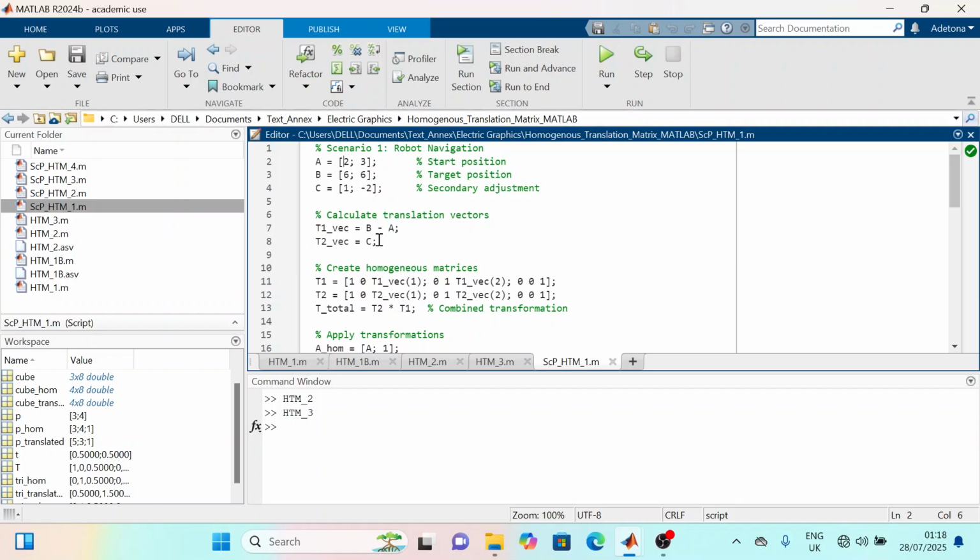And for this C, that is the final translation factor, we use T2 function of x and that of y, and 0 0 1 happens to be the scaling row in order to make the translation factor 3 by 3. What we are obtaining here happens to be a 2 by 1 matrix.